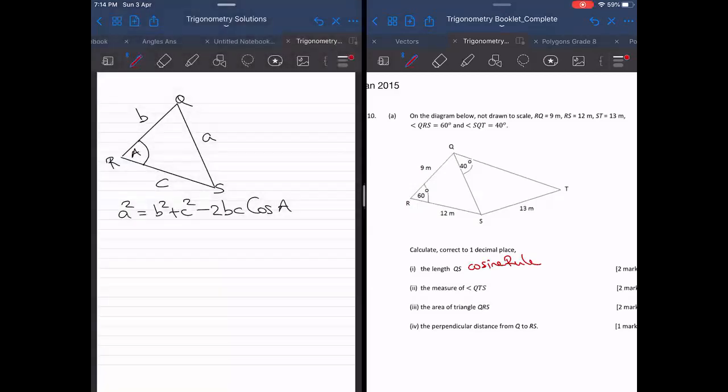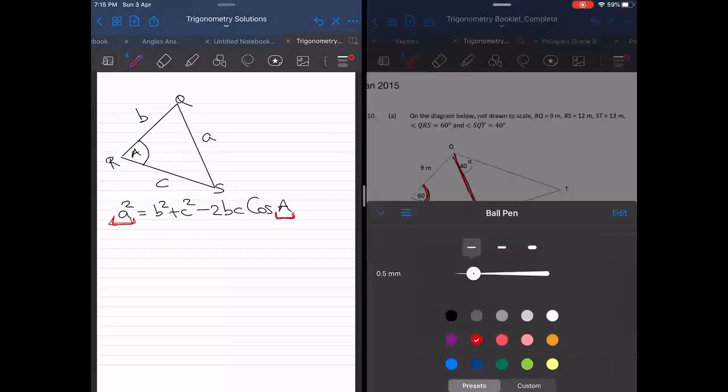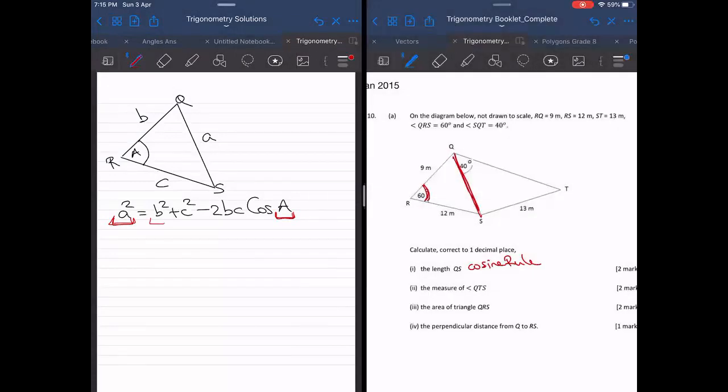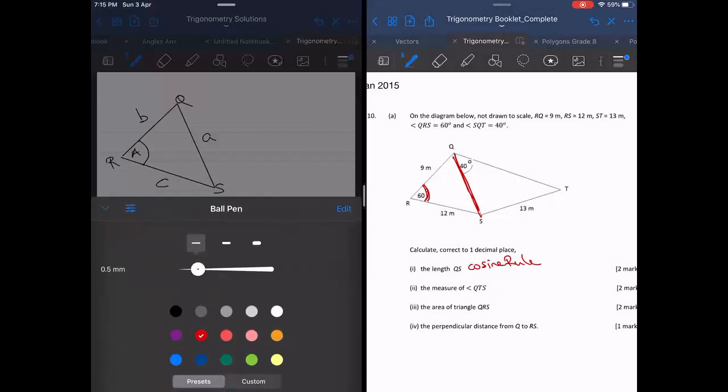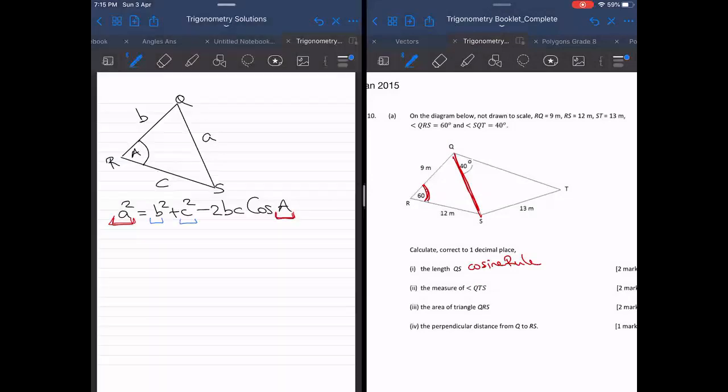Remember that for the cosine rule, you need to be focusing on the side that you want, the angle across from it, and then the two sides making the angle.